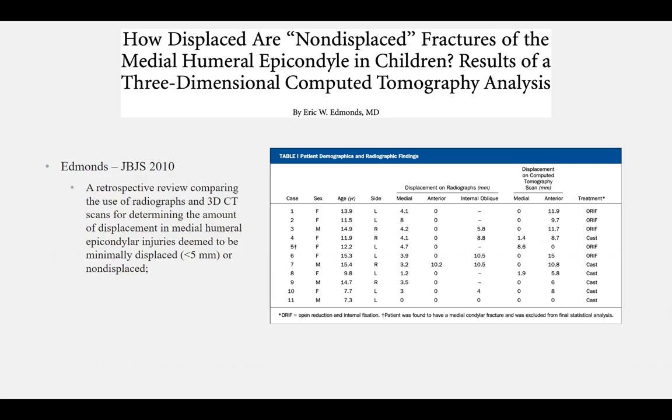This study doesn't attempt to determine the amount of acceptable fracture displacement, but instead compares the accuracy of radiographs in determining the amount of fracture displacement for fractures deemed to be minimally or non-displaced with that of 3D CAT scans.